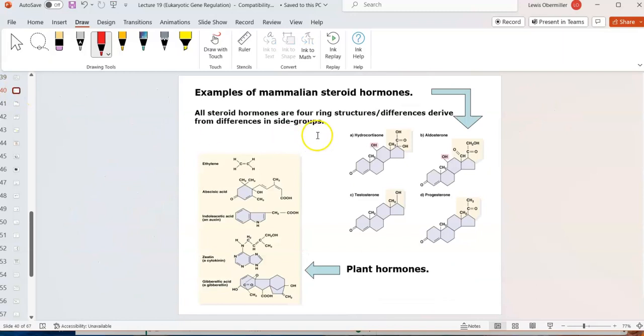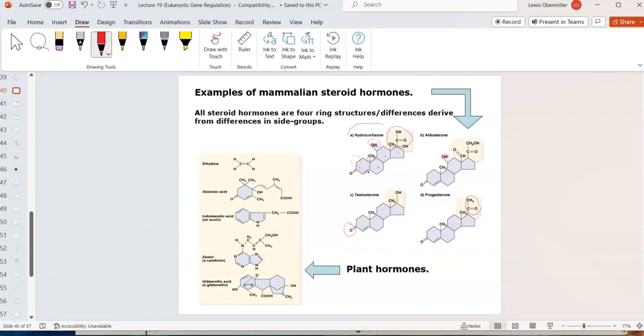All right, so like I said, steroids are synthesized from cholesterol. This is typical four rings cholesterol. And then it's the functional groups that are added that make it different. Testosterone has a ketone group here. Progesterone has this functional group.